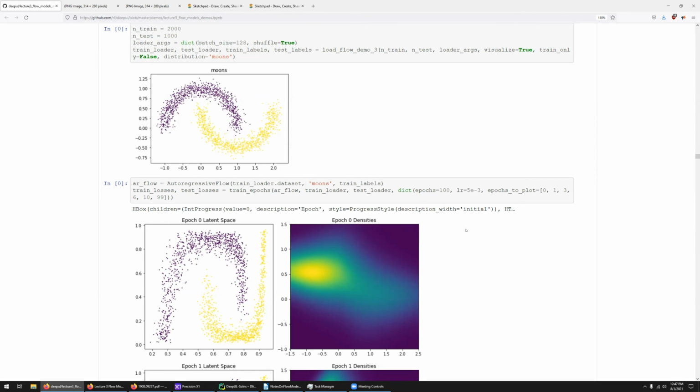But instead we're producing the coefficients of the mixture models. It's exactly the same, except instead of directly producing the probabilities, we're producing the coefficients of the mixture models, which then produce the probabilities.